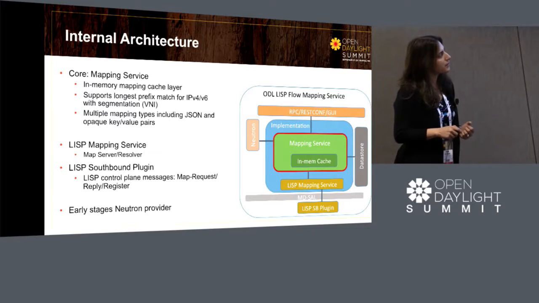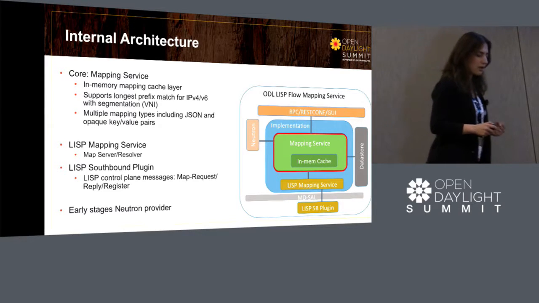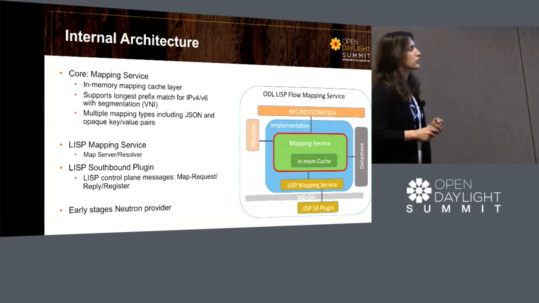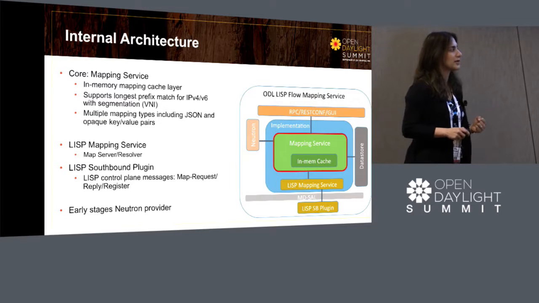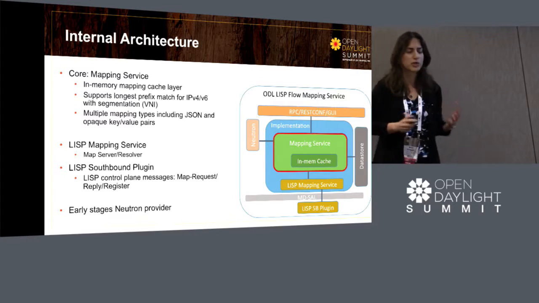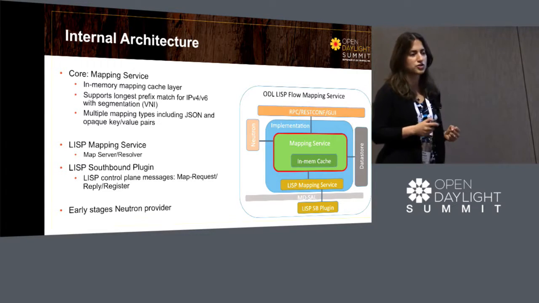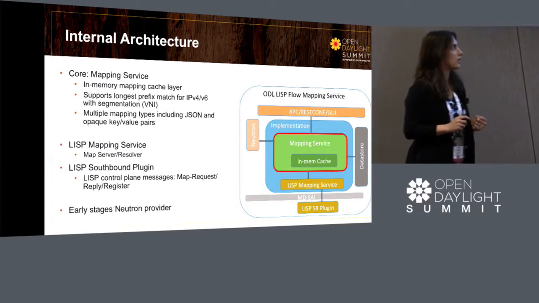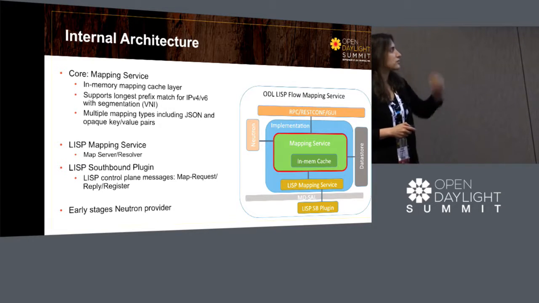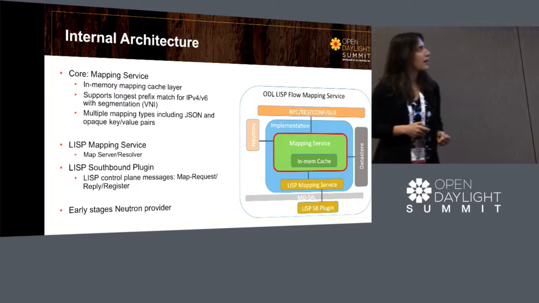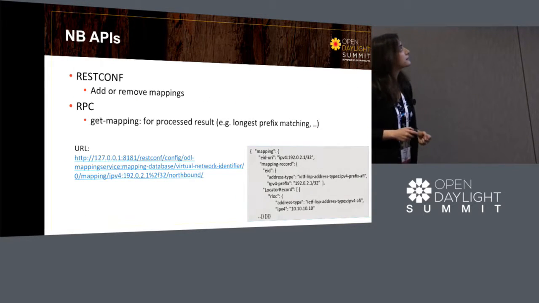But the core of the mapping service is really generic and independent of the protocols that are used for looking it up. So we have the LISP southbound plugin and the LISP mapping service API to look that up using the LISP protocol, but you can look it up via other services, or define other mappings through other services, independent of the protocol that you want to use. And of course, we have early stages of Neutron support and the northbound API.